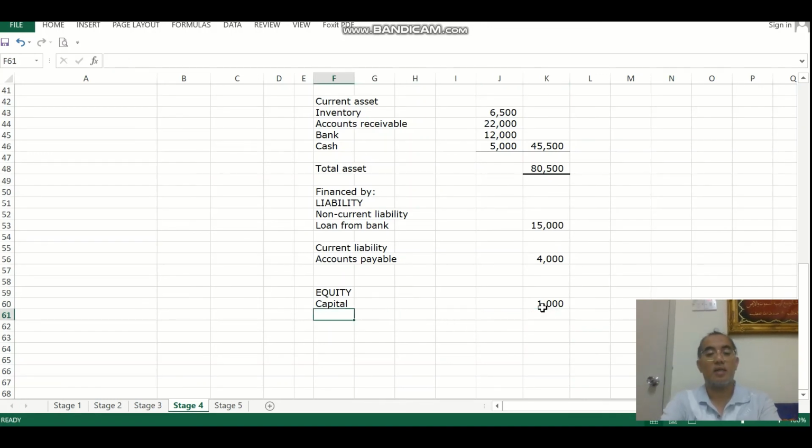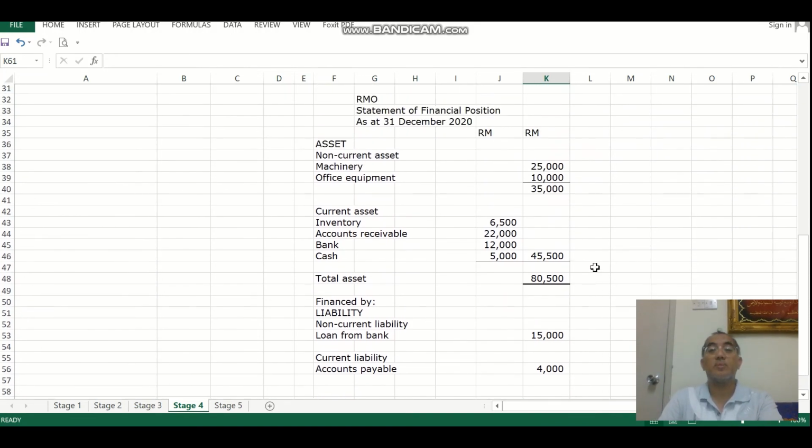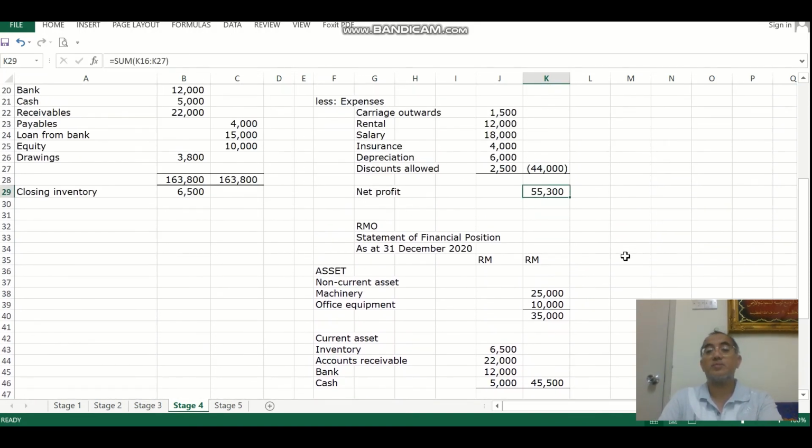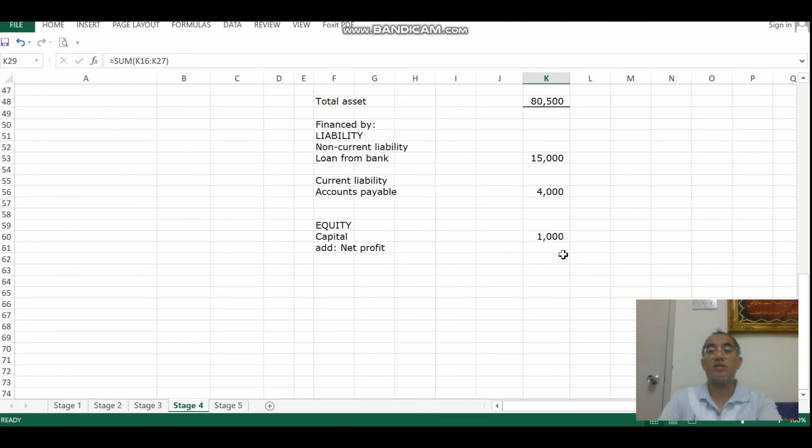And then I add my net profit. Just now we have done our profit and loss. So our net profit is 55,600.